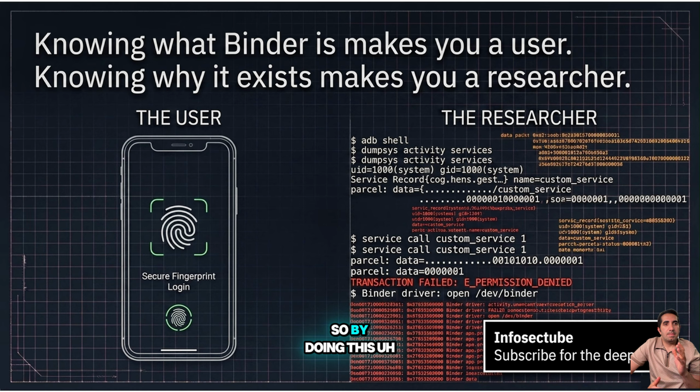By doing this, I think you are now curious about how these things actually work. This is kind of a new research direction and new things that you should consider as a hacker or cybersecurity researcher.